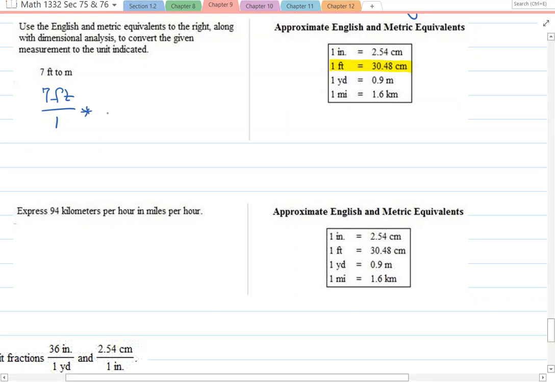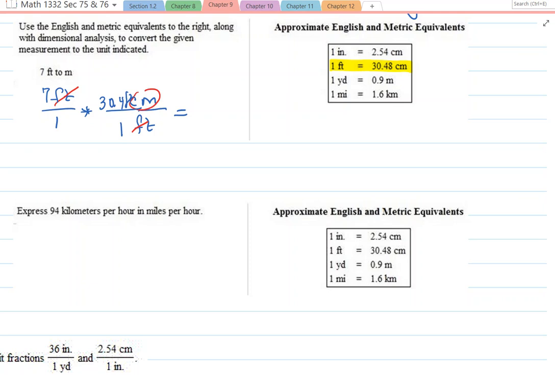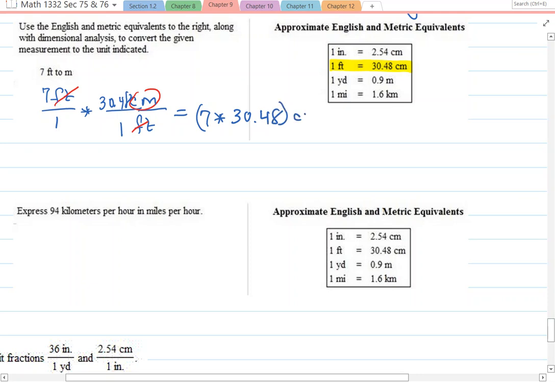So I'm going to multiply by centimeters on top, feet on the bottom. And that means that I have 1 foot is equal to 30 and 48 hundredths. All right, so that gives me the feet canceling centimeters, and I end up with a multiplication of 7 times 30 and 48 hundredths centimeters.